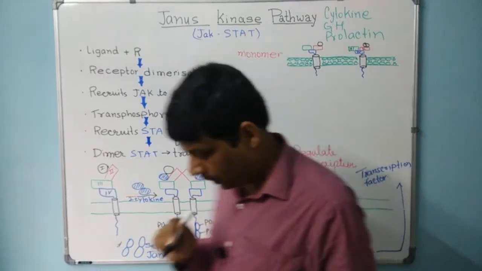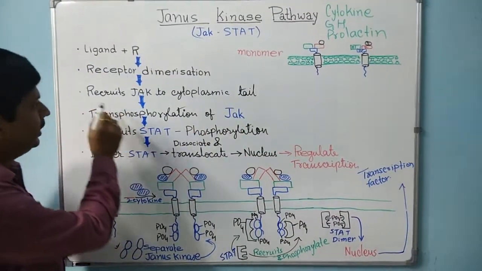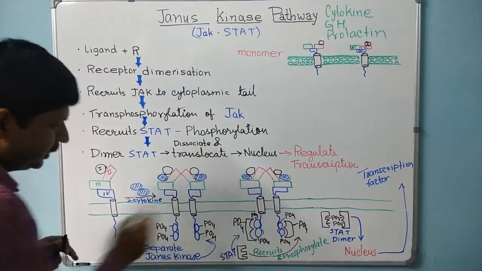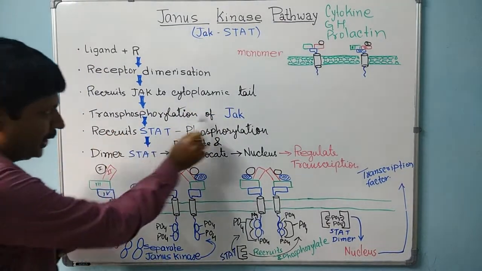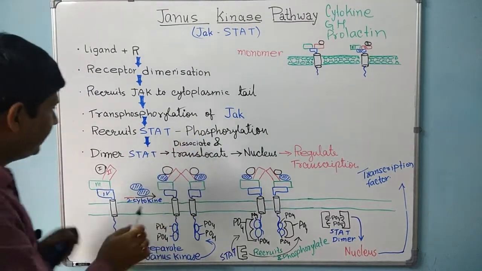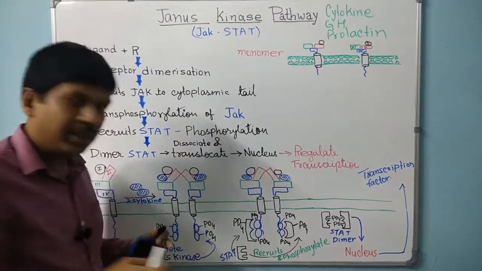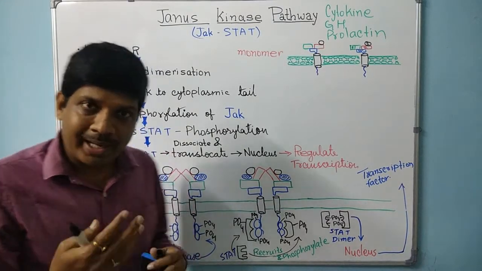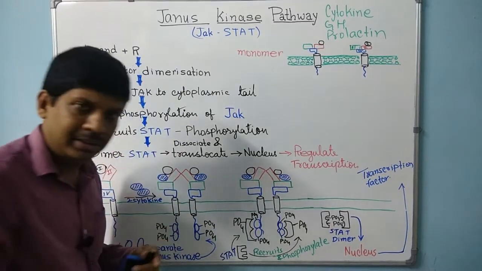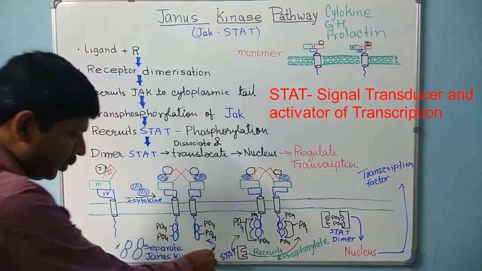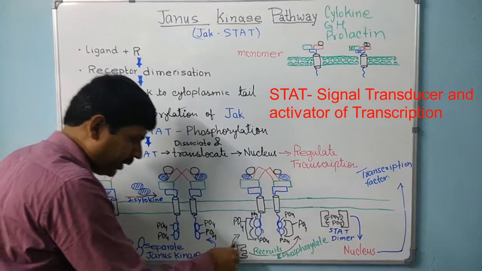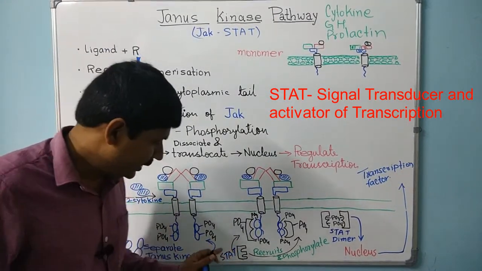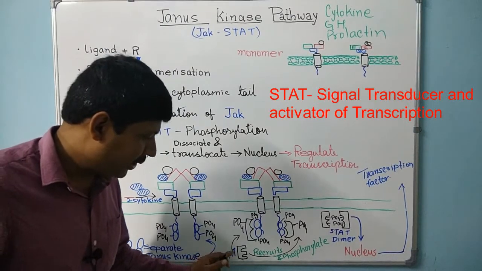Now what happens later on? Janus kinase is recruited to the cytoplasmic tail, and then transphosphorylation of Jak occurs. This phosphorylation will in turn cause the recruitment of another protein called STAT, which stands for signal transducer and activator of transcription.